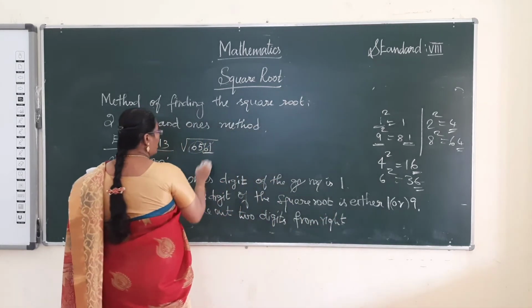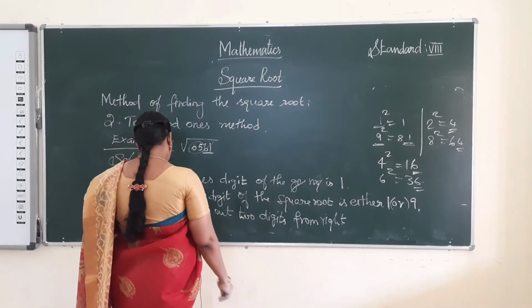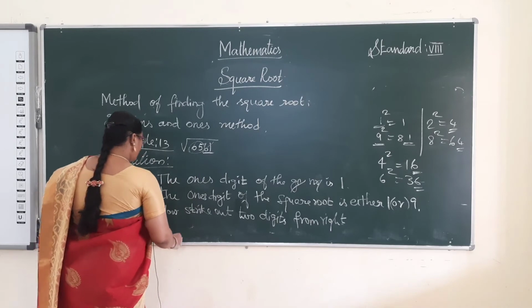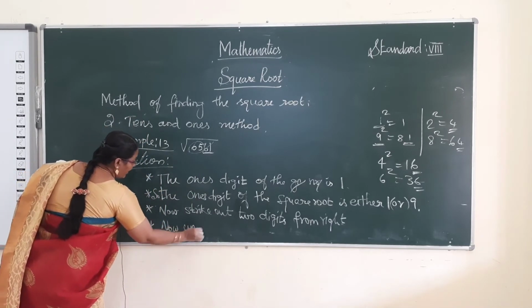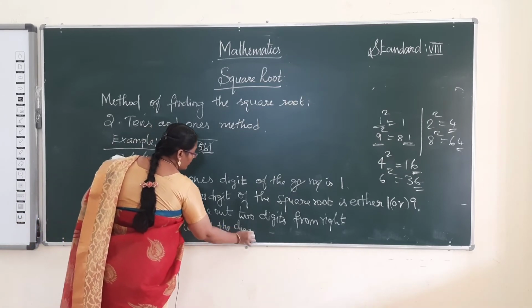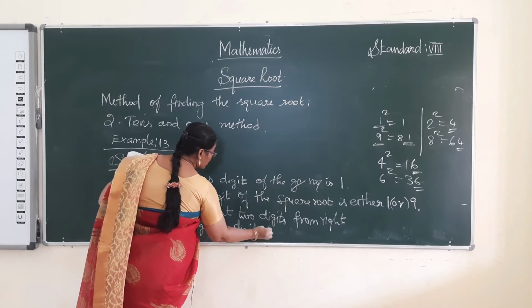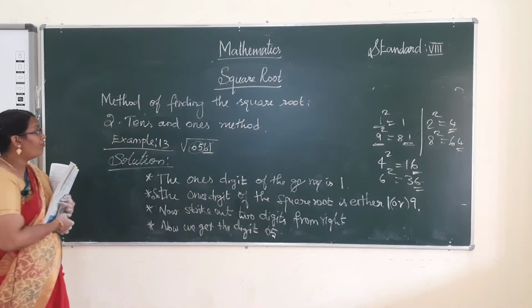So these two are cancelled. Now consider the remaining digits. Now we get 65.